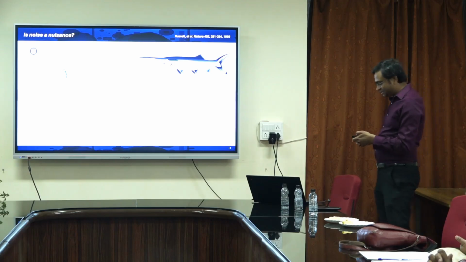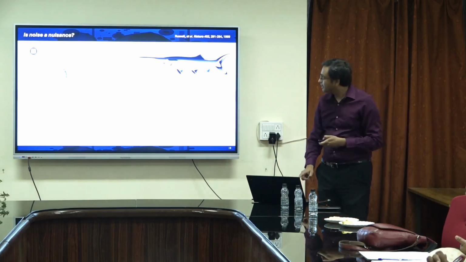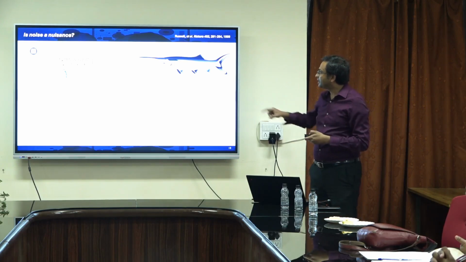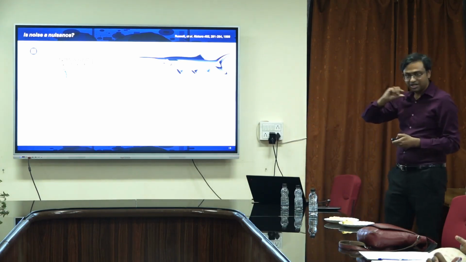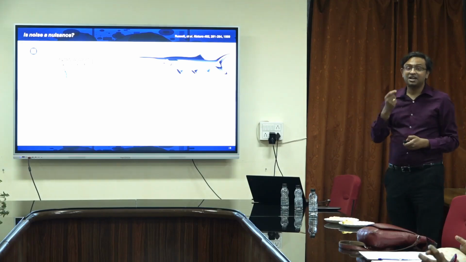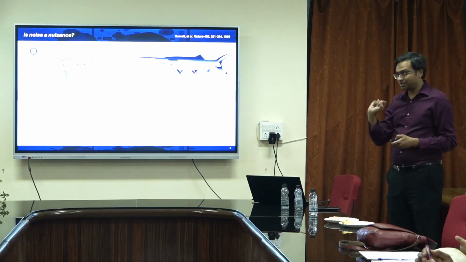The paddlefish has a very interesting organ called the electroreceptor, on its very long rostrum, and it can detect electrical signals. We cannot detect electrical signals.